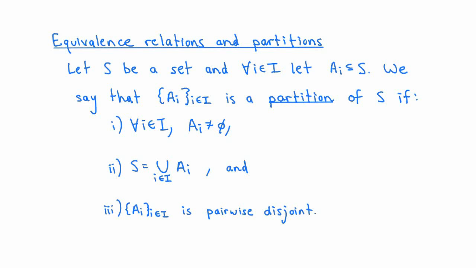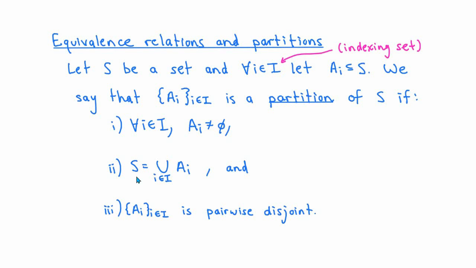And in order to explain that, first of all, let me define what a partition of a set S is. If we have a set S and an indexing set capital I, and for each little i in I, we have a subset A_i of our set S, then we say that the collection of sets A_i with i running through I is a partition of S if three things hold. Number one, each one of the sets A_i must be non-empty.